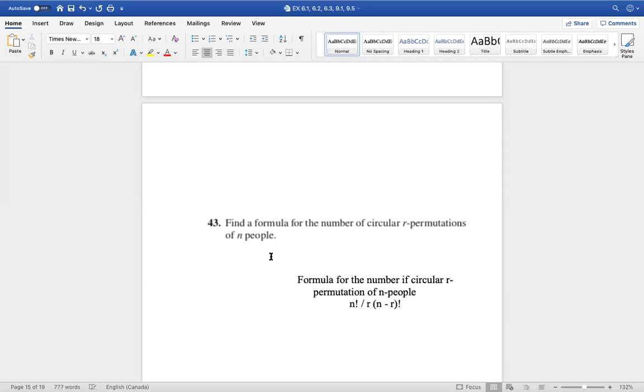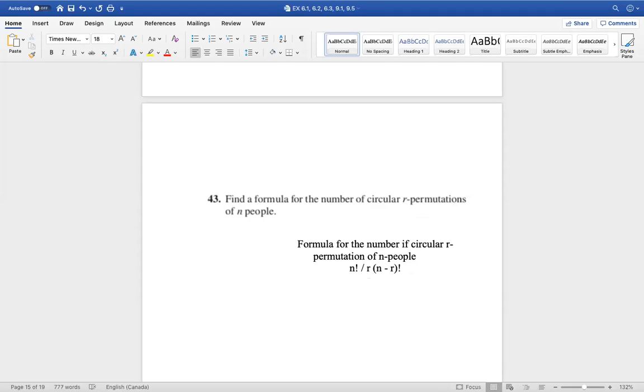Okay, so it's just a formula that we basically have to list here. Pretty straightforward, no logic here.